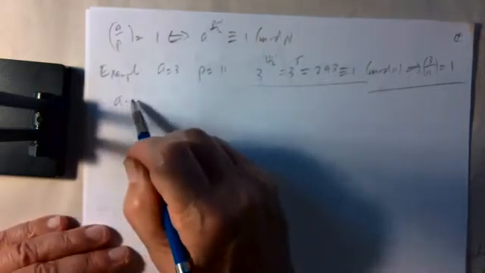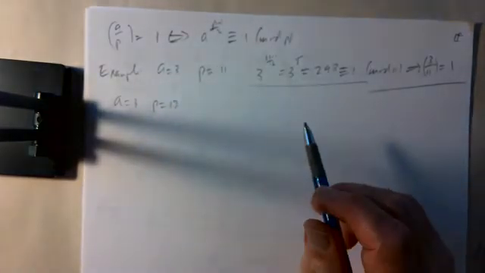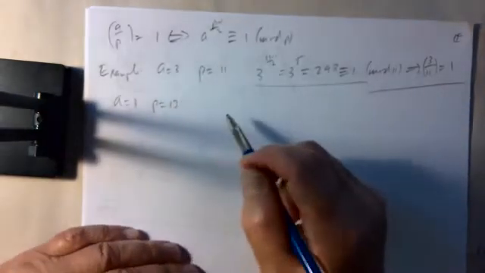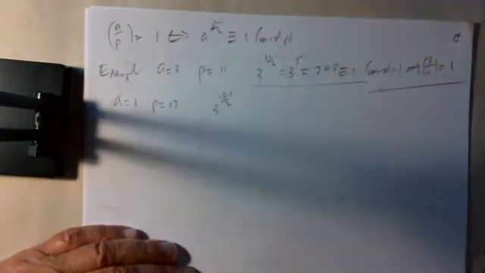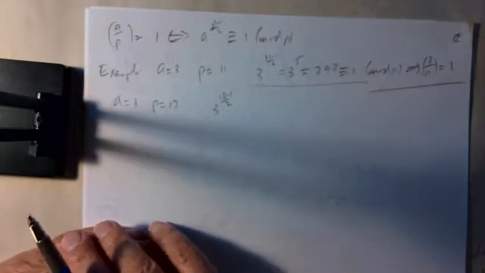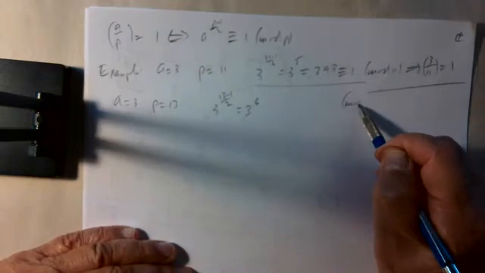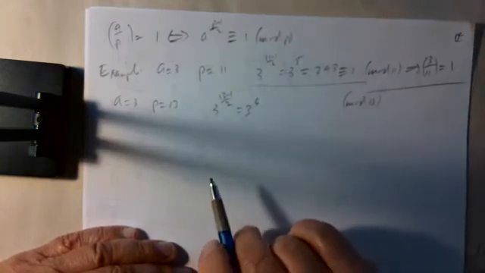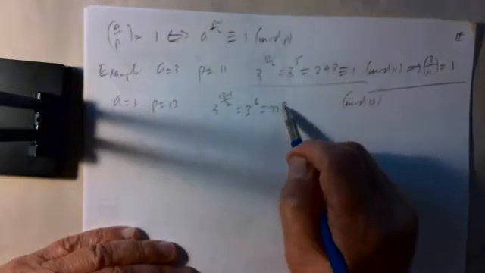Suppose we take a equal to 3 and p equal to 13. So we have to calculate 3 to the (13 minus 1) over 2. That's 3 to the 6th mod 13. 3 to the 6th is 729.